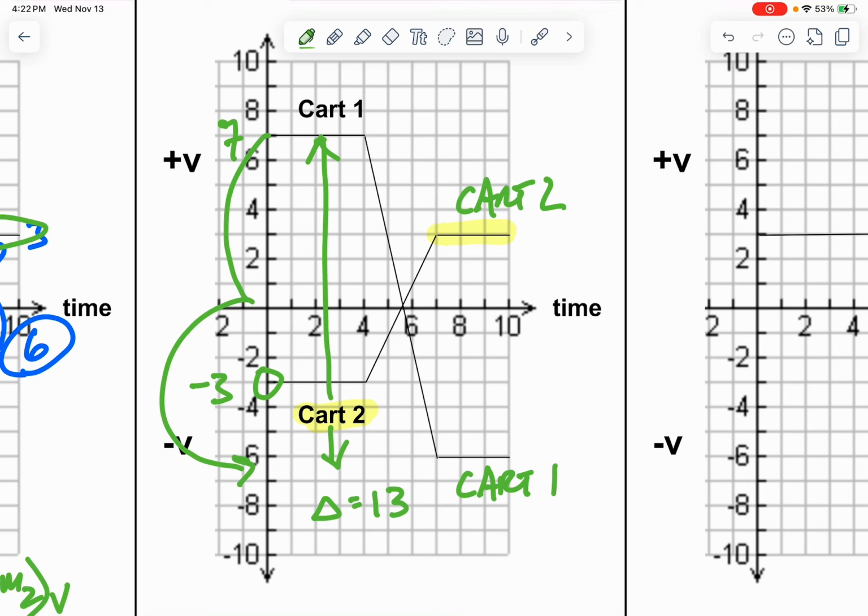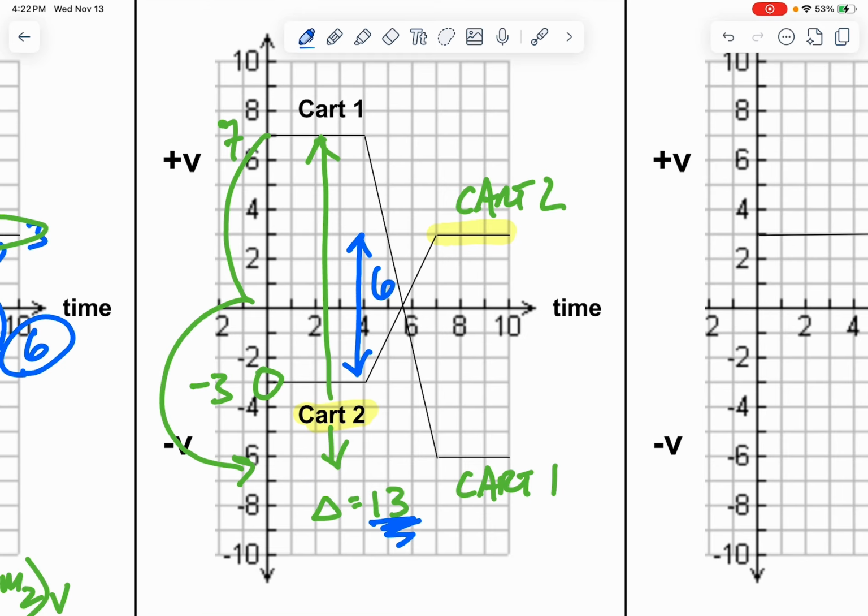And then cart 2, let's change colors here. Cart 2 went from -3 to +3, so its change was 6. So cart 1 had the biggest change, so therefore I think cart 1 must be lighter in mass. It has a smaller mass.